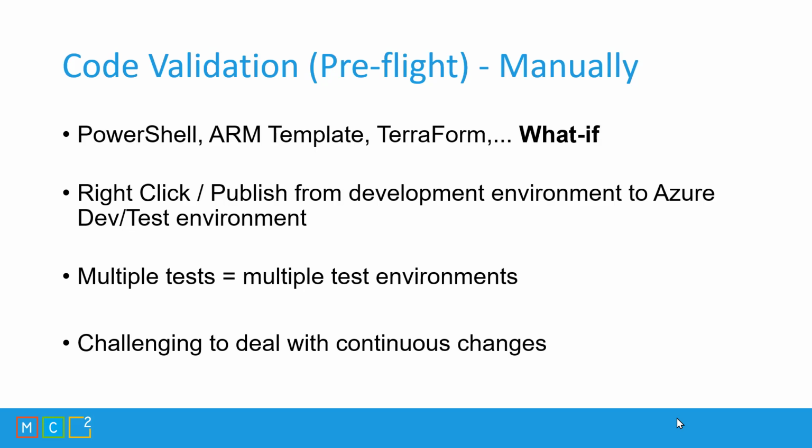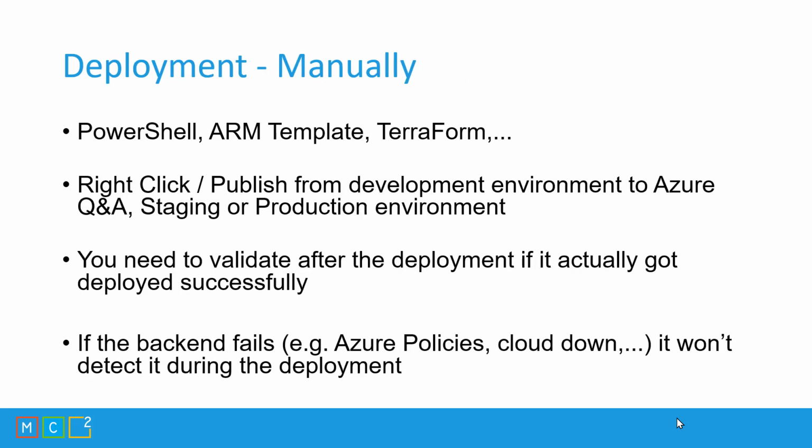Or if you're using Visual Studio Code, or some other smart development environment, you're typically going to right-click Publish before you can validate that it's actually going to work fine. And if you have multiple tests to be run, you also need to create multiple test environments. And in the end, it's all quite challenging.